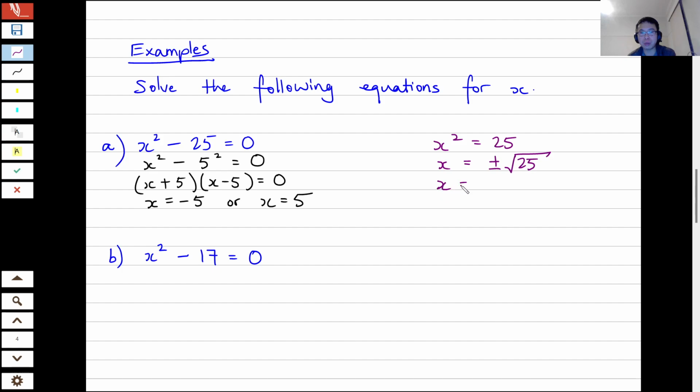So x equals plus or minus 5. You can't throw away negative 5 unless you are explicitly told x is positive. And we assumed that when we were doing calculations involving Pythagoras. But if you're not given a restriction like that, you need to consider both solutions.